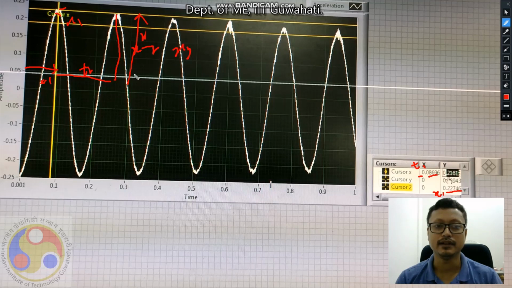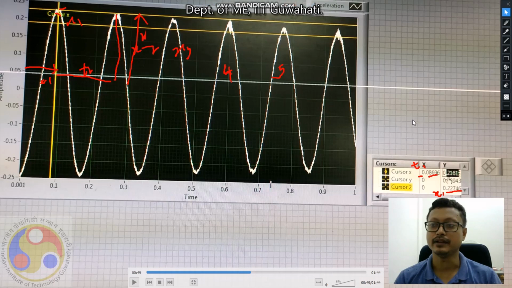We are considering 1, 2, 3, this is 4 and this is 5 cycle we are taking from this experiment. That's why we are giving the 5 cycle data to you for your calculation.